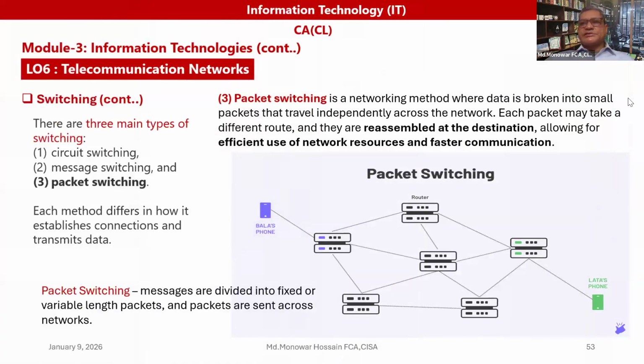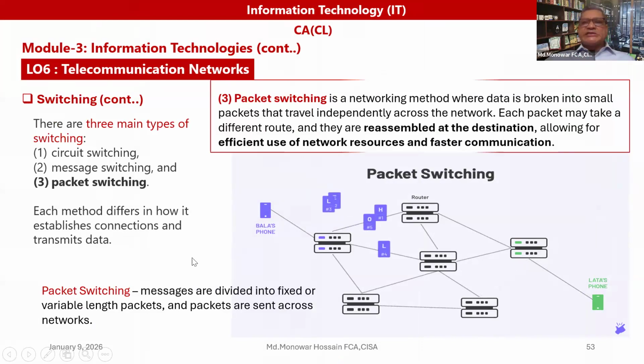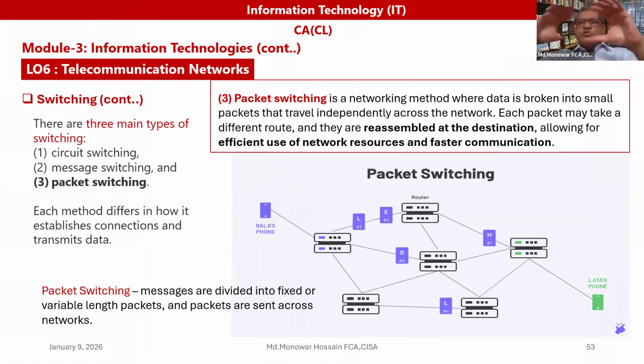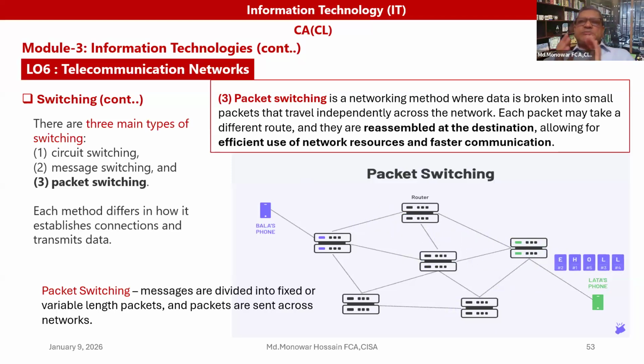Now packet switching. Look here. Packet switching is a networking method. Data is broken into small packets that travel independently across the network. Each packet may take a different route, but they are assembled at the destination.